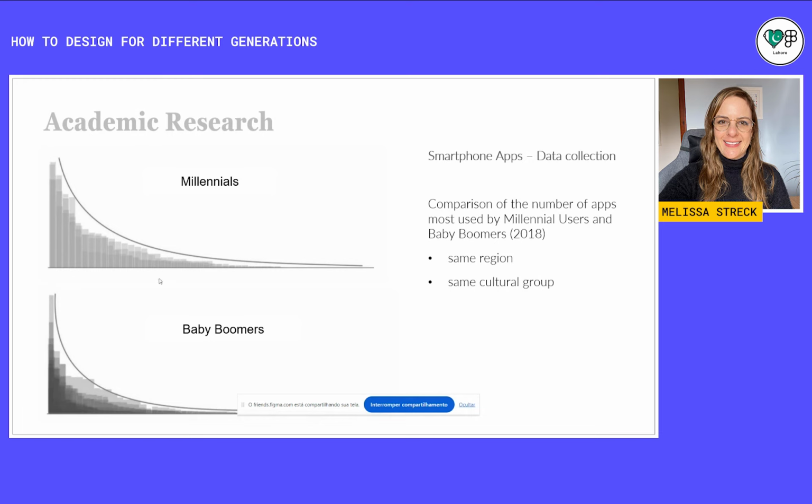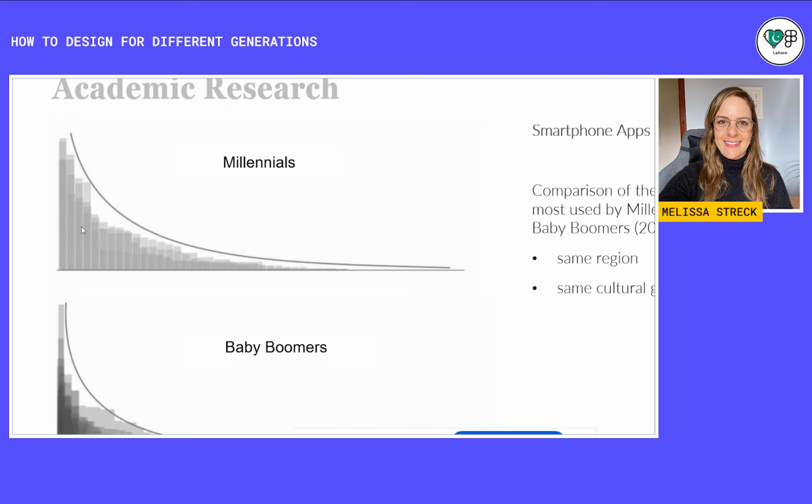The baby boomers use a smaller group of apps very intensively. The millennials don't have this intensity in a small group of apps, but tend to use more apps less intensively.